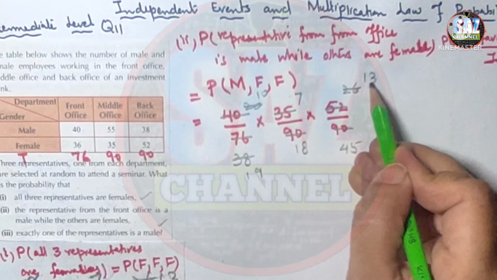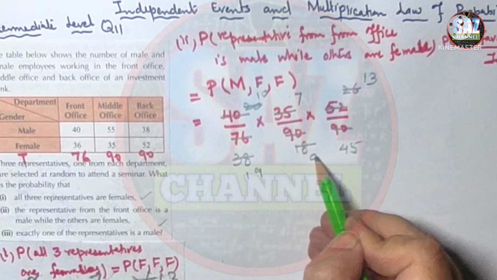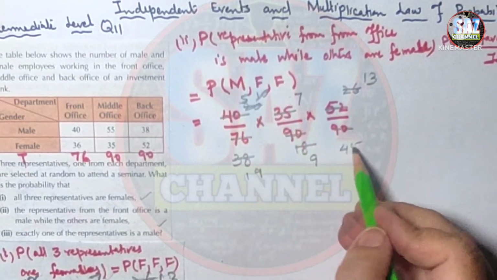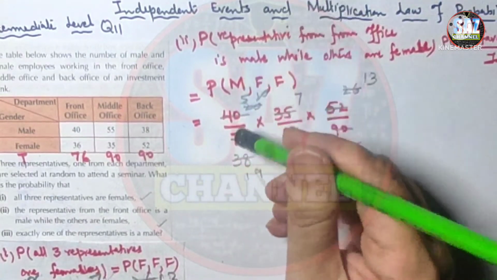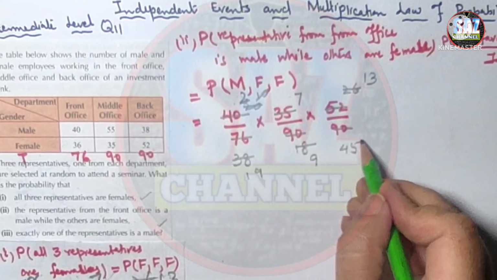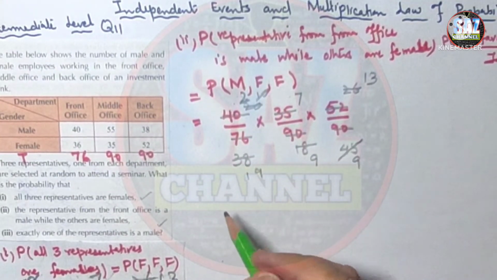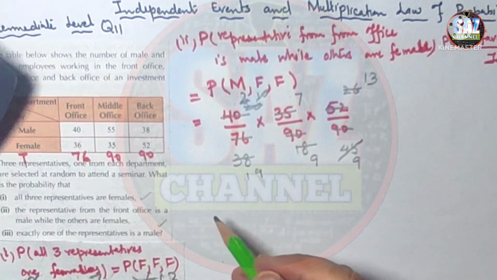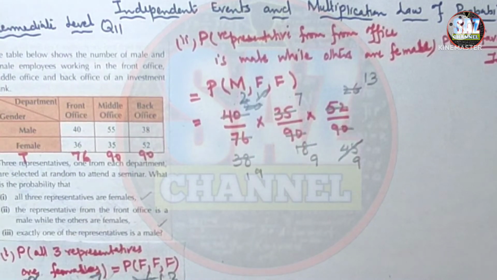So the product that I'm getting is 13 multiplied by 7 multiplied by 2 divided by 19 multiplied by 81.